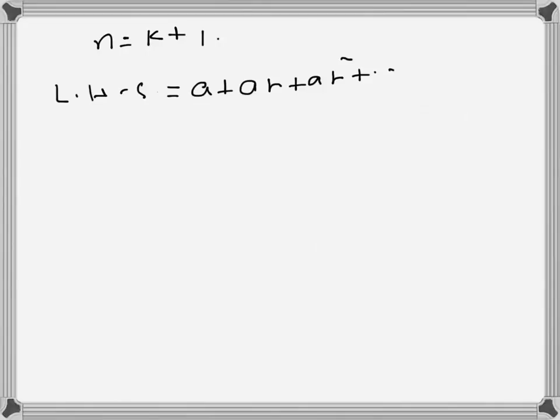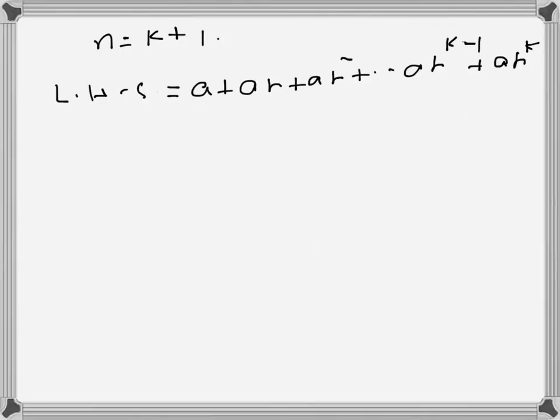So when n is k plus 1, the next integer, what happens there? The left hand side now becomes a plus ar plus ar squared up to ar to the power k minus 1, plus ar to the power k, because k plus 1 minus 1 is just k.